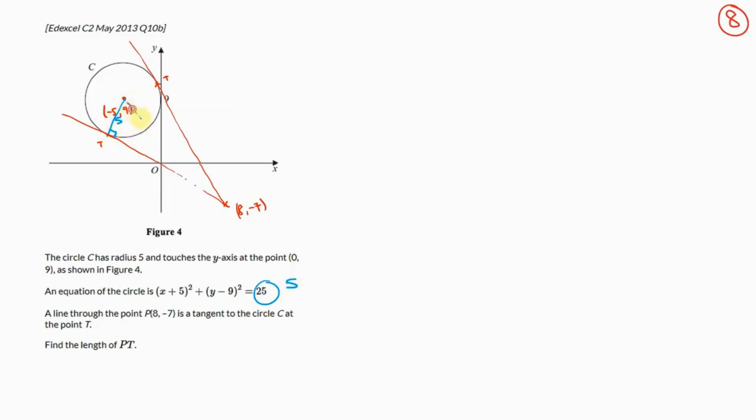Well, I need a third length to be able to go ahead and do Pythagoras. But if we see that dotted line I am drawing, we actually have the coordinates for the 2 points that make that line. So I can find the distance between minus 5, 9 and 8 minus 7 using Pythagoras to find that length.